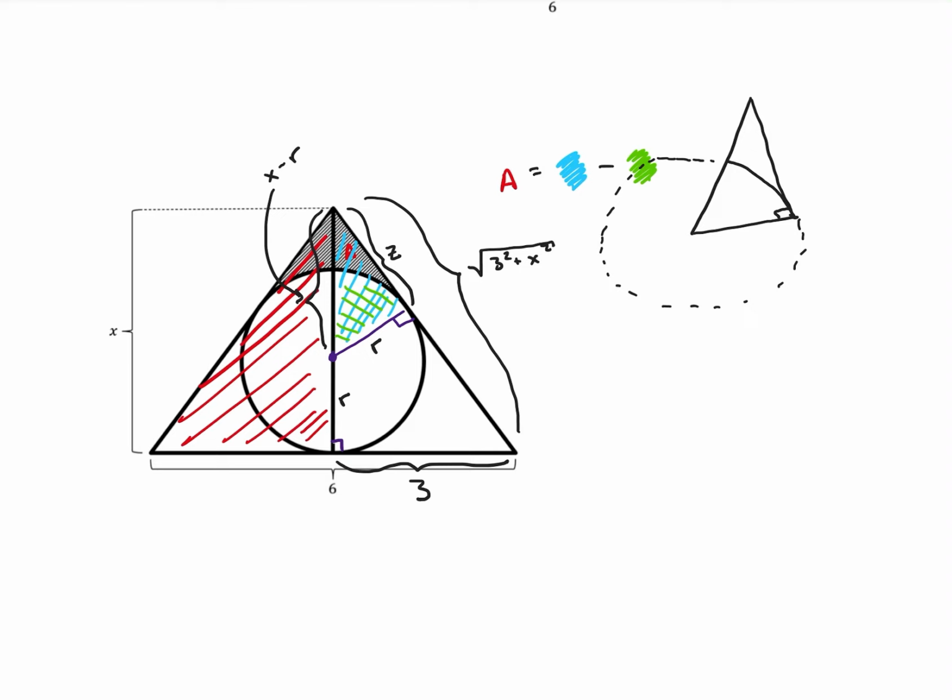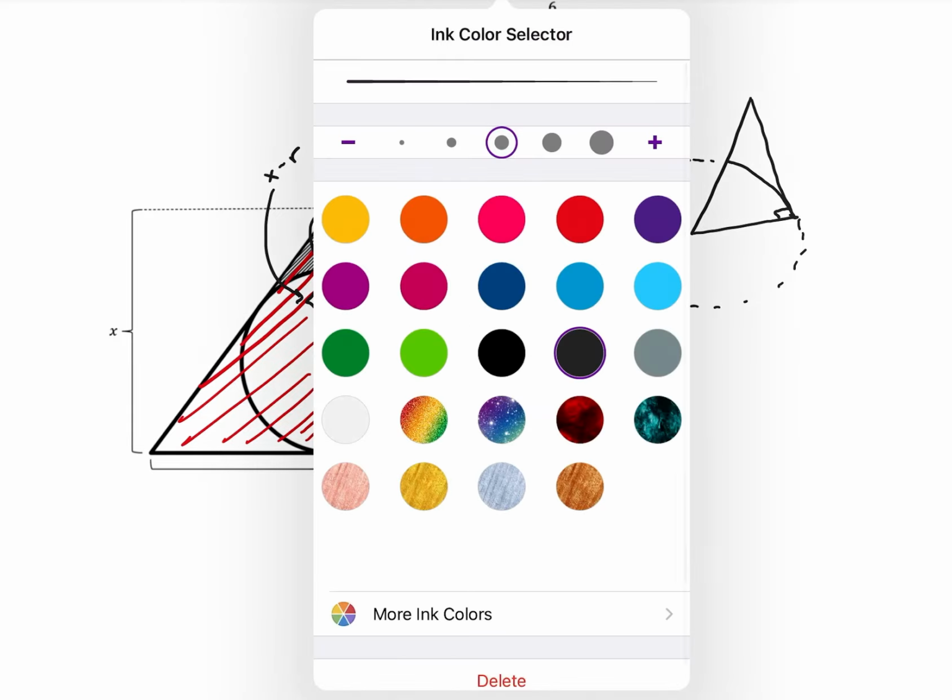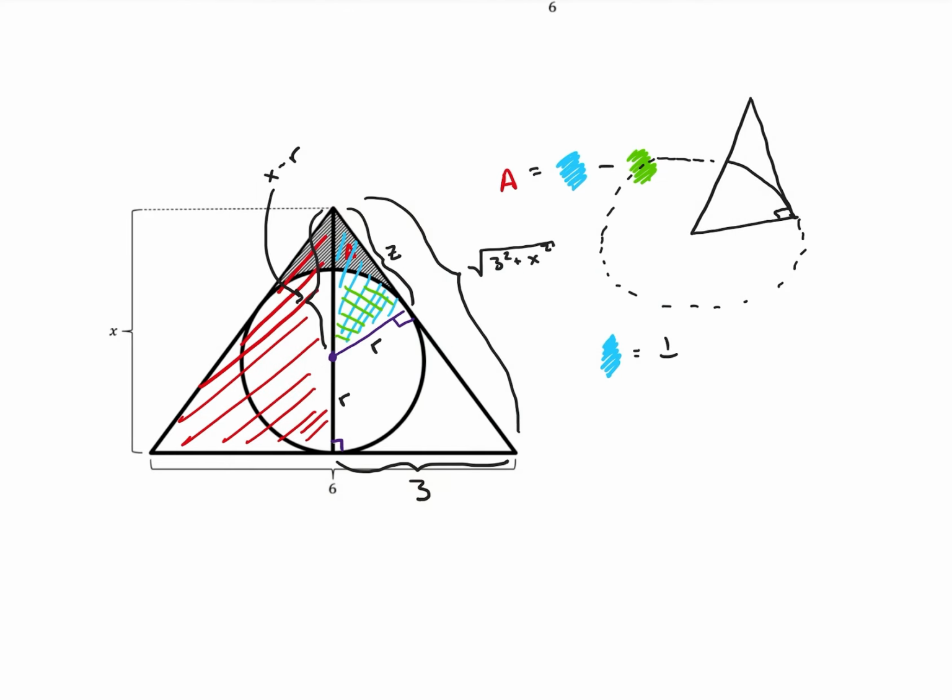If I'm going to find this total area, what I want to find first is the area of my triangle. My area of my triangle is going to be given by 1/2 times my radius times this side that I defined as z. So I'm going to have 1/2 r times z.